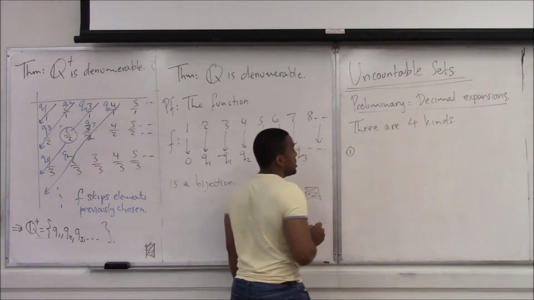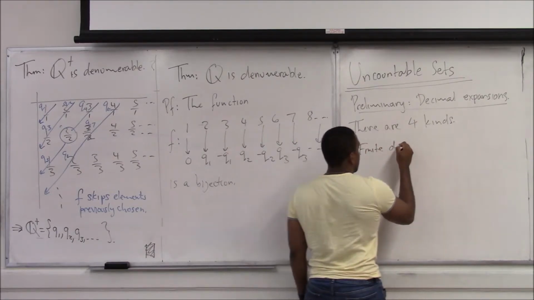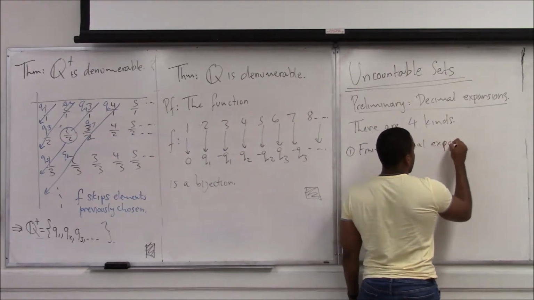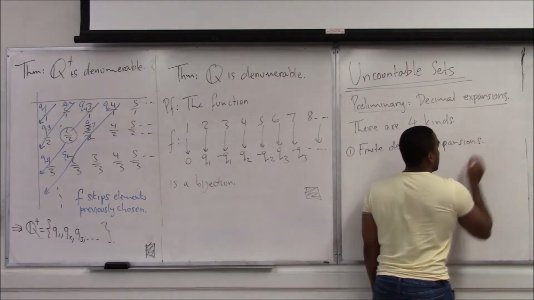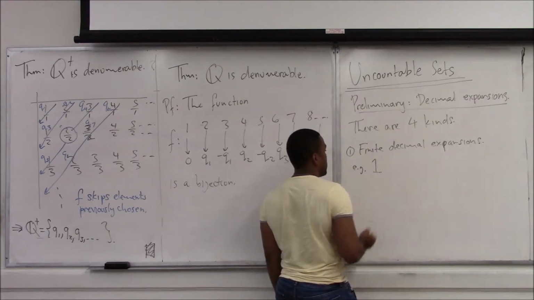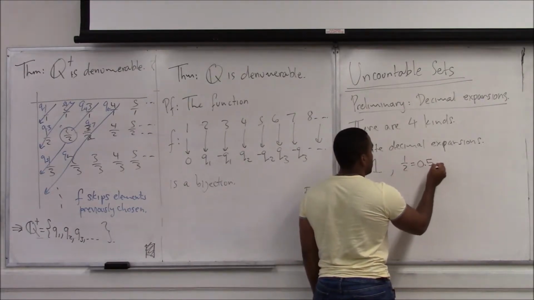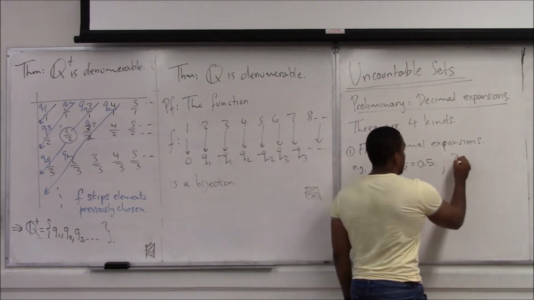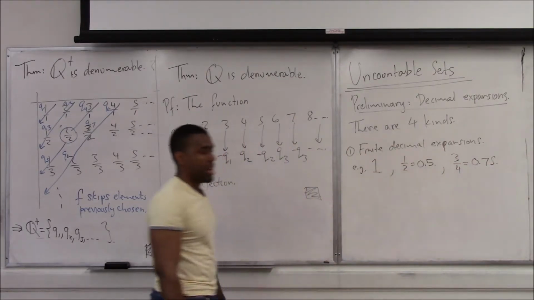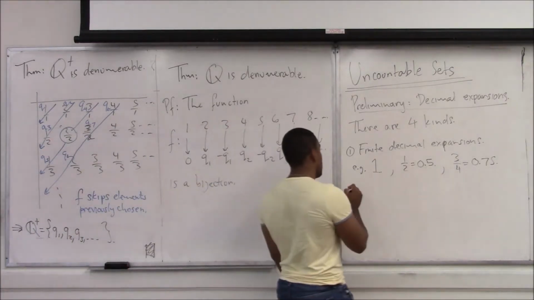One, these are the finite decimal expansions. So for example, 1 is a finite decimal expansion. You can look at a half, which is 0.5, is a finite decimal expansion. 3/4 equals 0.75. You can express the entire number as a decimal using a finite number of digits.